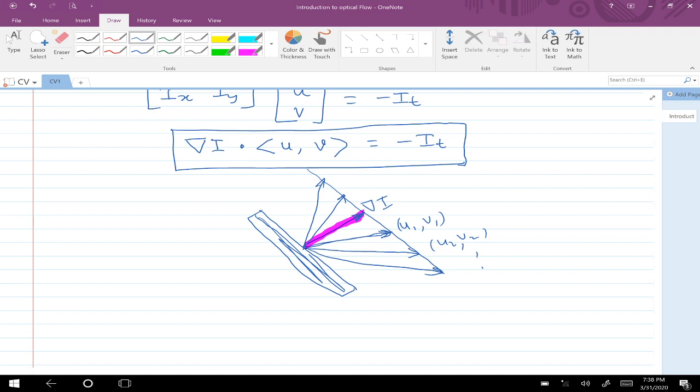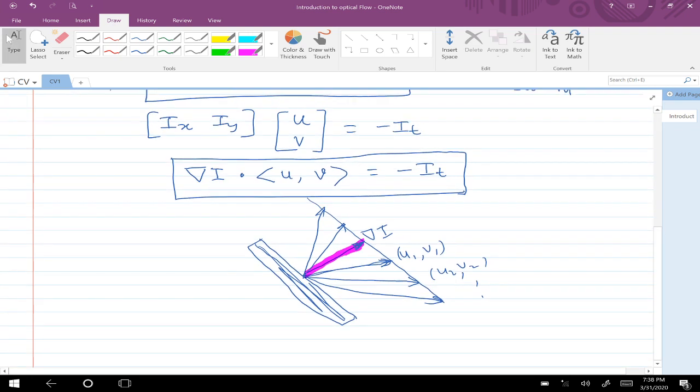So this is another way of looking at it. One way we had looked at is that there are two unknowns and one equation, resulting in multiple solutions. Another way to look at it geometrically is that in the image you have an edge here, with the gradient perpendicular to it. On the right hand side you have I(x, y, t+1) minus I(x, y, t).